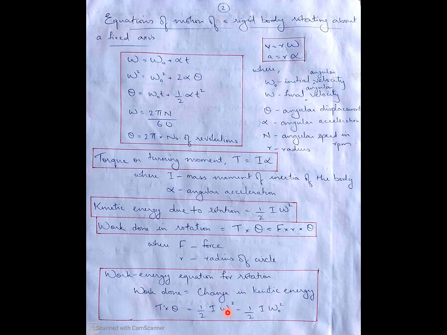Omega is the final angular velocity, omega 0 is the initial angular velocity. So these are the equations which we'll be studying over here, and based on this we'll be doing some problems. These equations are just similar to what we have seen in our linear motion. There are no new equations, just the sign changes or symbol changes.